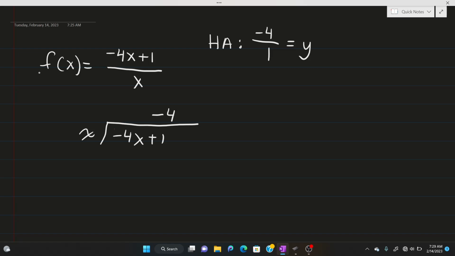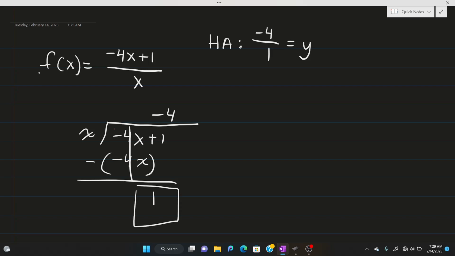And then I multiply this negative 4 by my x. So negative 4x. I'm going to subtract. When I subtract, it becomes positive, it cancels out, and I'm left with 1. Since this 1 has a smaller degree than the divisor, I have it as a remainder.